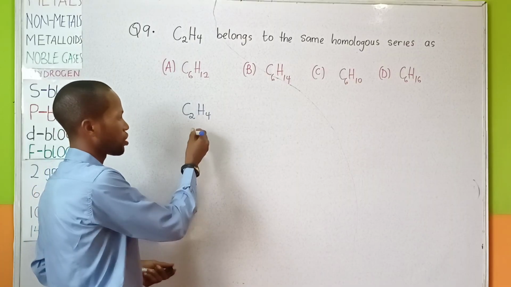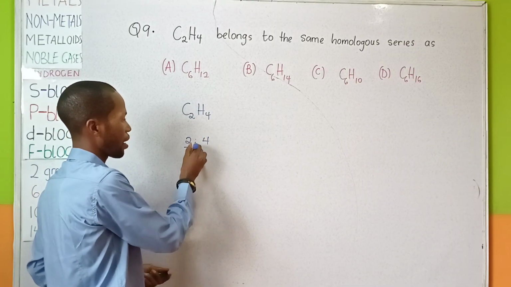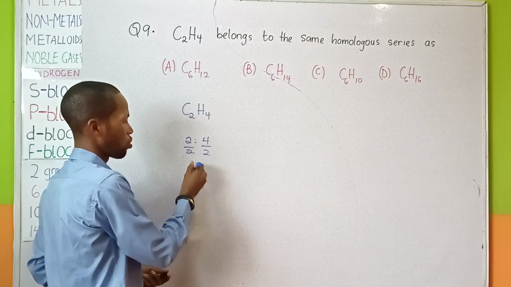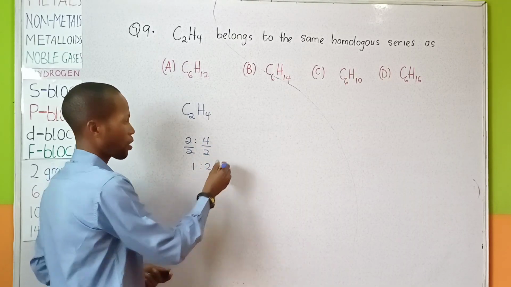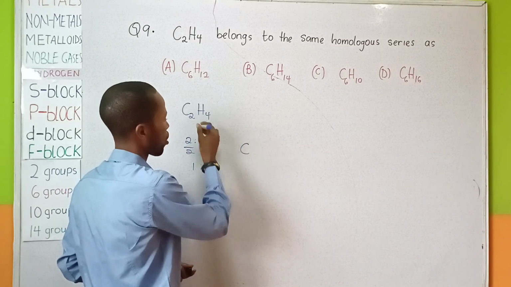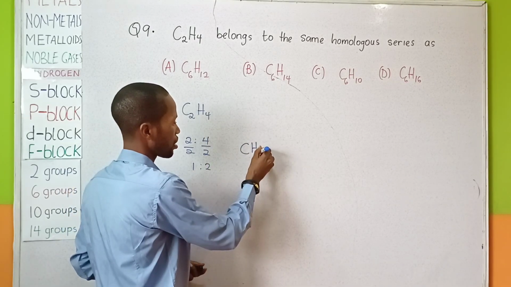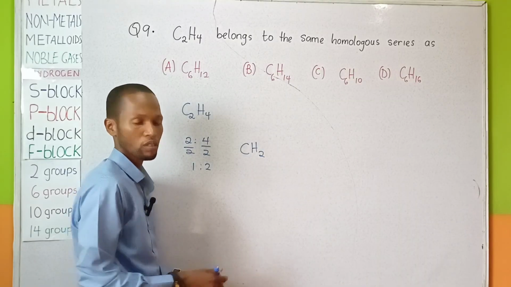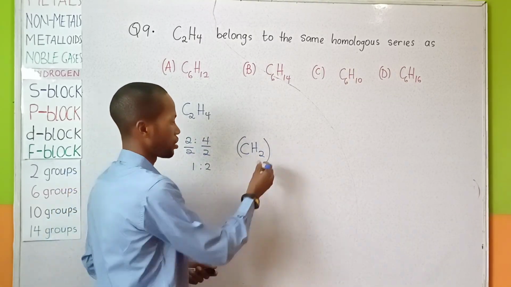Let's find the simplest ratio. When we divide 2 and 4 by 2, we have 1:2, which implies that the compound here has the empirical formula CH2. Multiply the empirical formula right here by N.